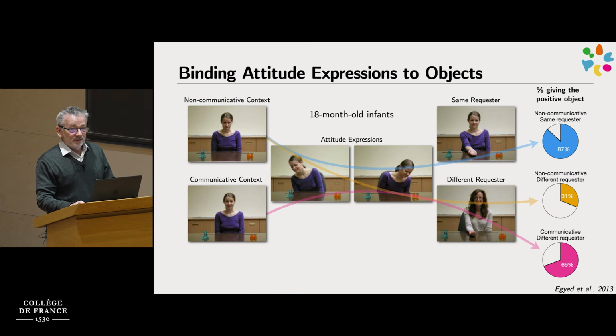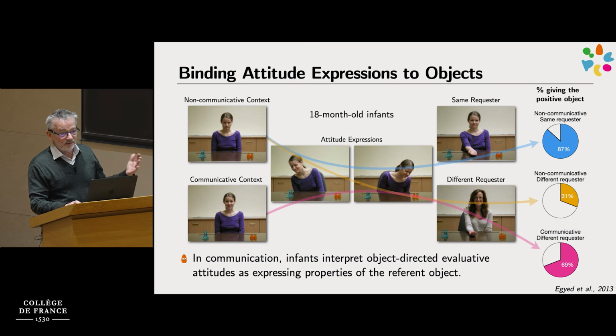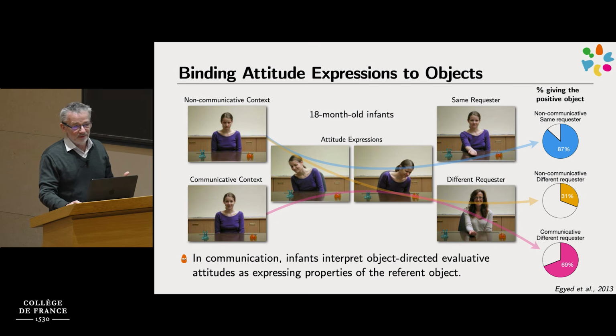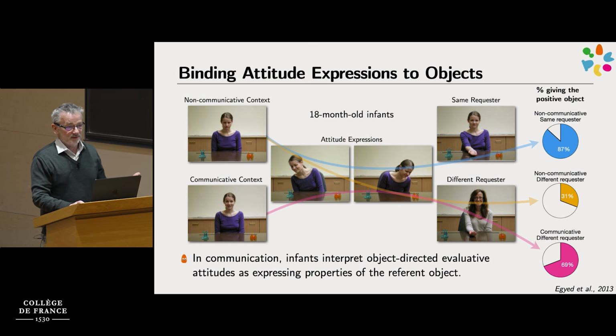So in this case, they did not learn about the personal preference, but they interpreted the expressions as expressing something about the objects themselves. They interpreted them as object-directed evaluative attitudes, as a property of the object. This object is good, or this object is bad. It's not just personal preference. So this is how communication changes the interpretation of very similar expressions.